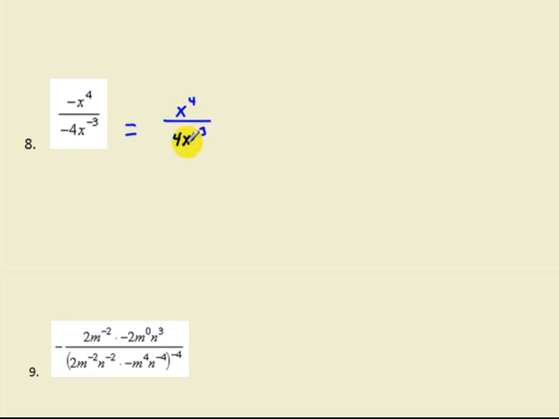And now we can see that we have x in both numerator and denominator, so we can go ahead and subtract the exponent that's in the denominator from the exponent in the numerator, and we'll keep the 4 down here. Remember that exponent only applies to the x, not to the 4. And this will give us 4 minus negative 3 is a positive 7. So we have x to the 7th over 4.